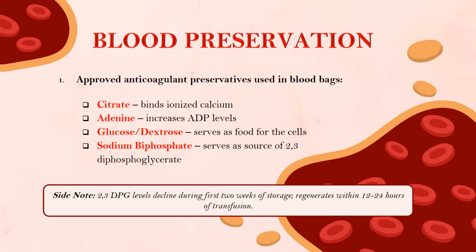These are the approved anticoagulant preservatives contained in blood bags. We have citrate, adenine, glucose or dextrose, and phosphate. From the previous slide, we mentioned that blood is both biologic and a drug. Primarily in transfusion medicine, they are utilized as a drug to provide treatment.